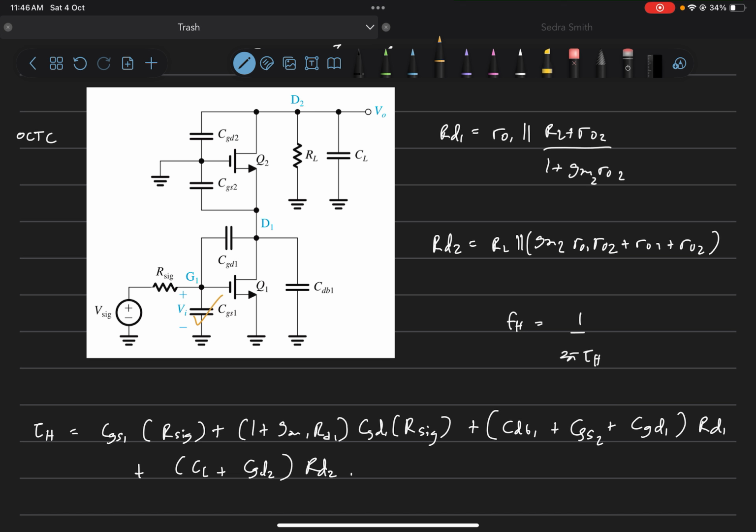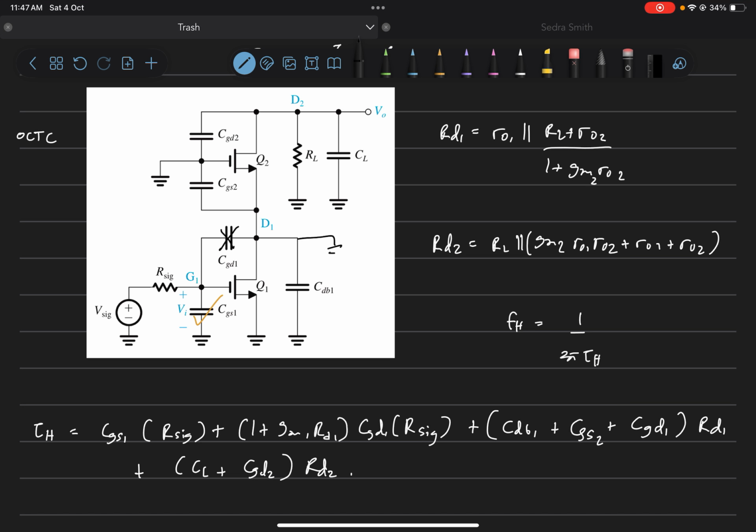Next we'll pick up CGD1. CGD1 is the trickiest part, because analyzing the impedance between G1 and D1 is usually hard. So we'll use the Miller theorem to break CGD1 into two parts.